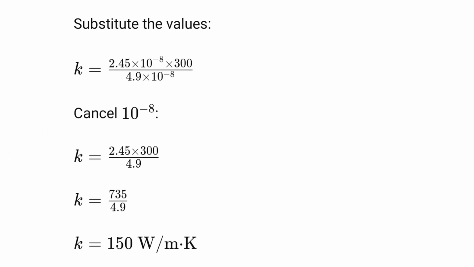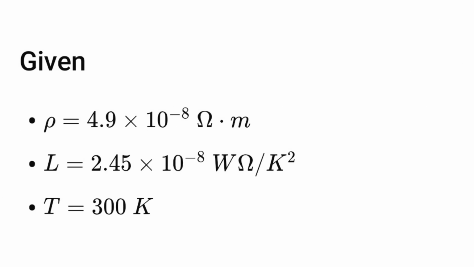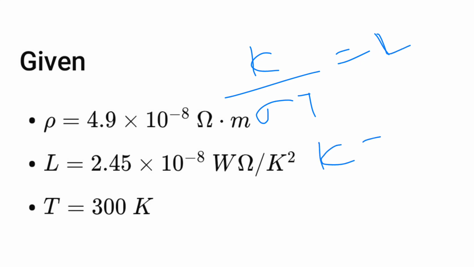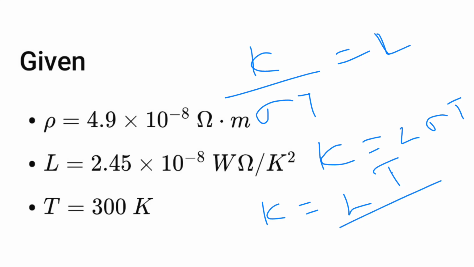Here the formula is electrical conductivity sigma into T equal to K, that is L. To find the thermal conductivity, K equals L sigma T. Sigma is 1 by rho, so K equals L T divided by rho.